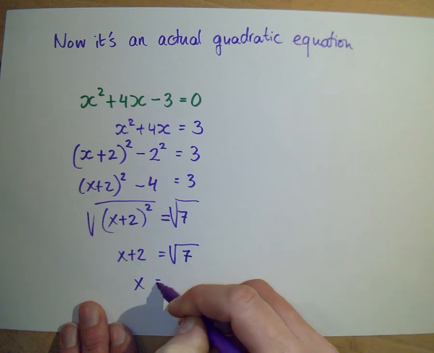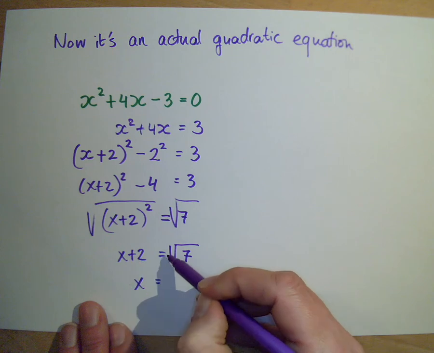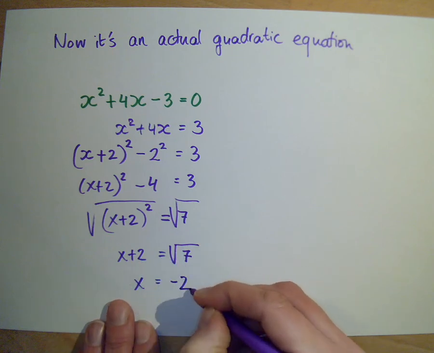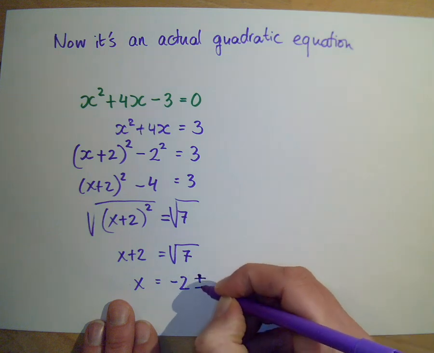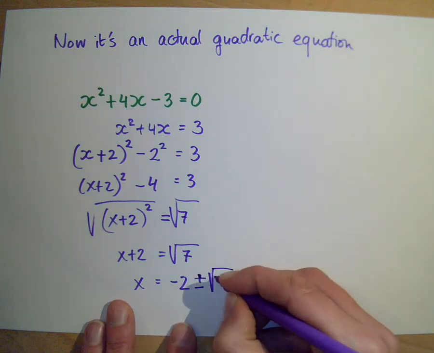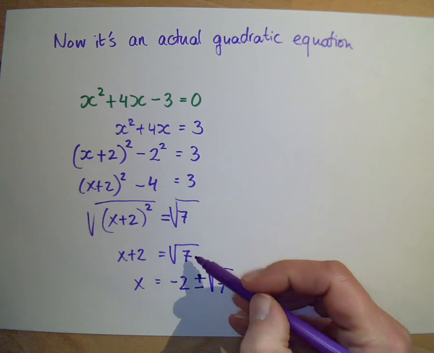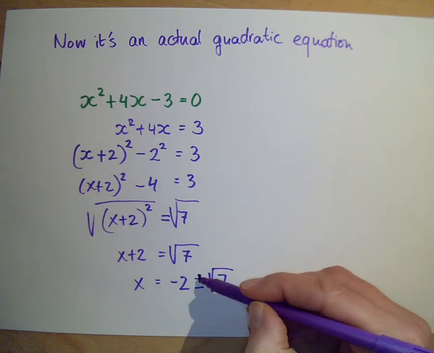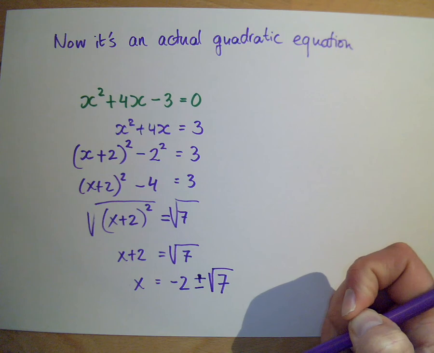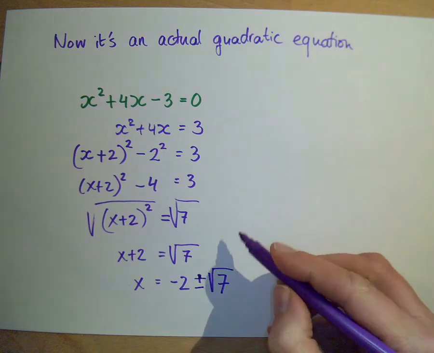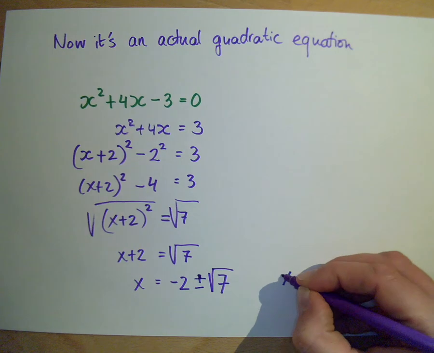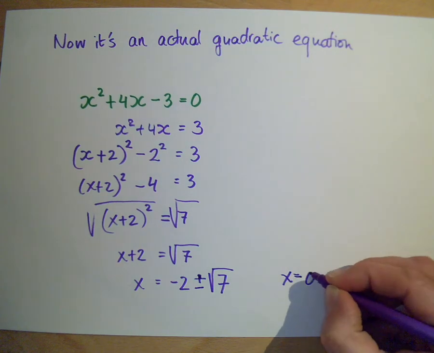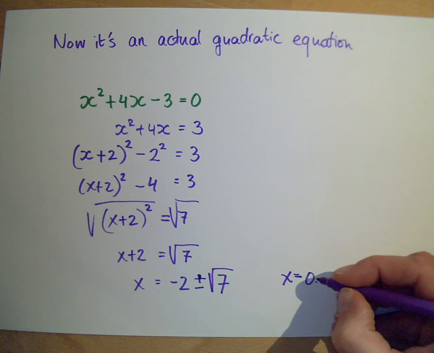So x equals, we subtract 2 from both sides, -2 plus or minus the square root of 7, because the square root of 7 could be a positive number or a negative number, right? We'd have to use our calculators to find the square root of 7, but it would give us x equals -2 plus or minus that.